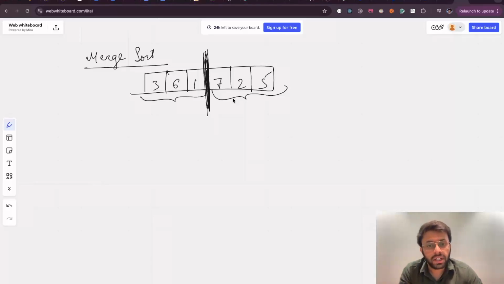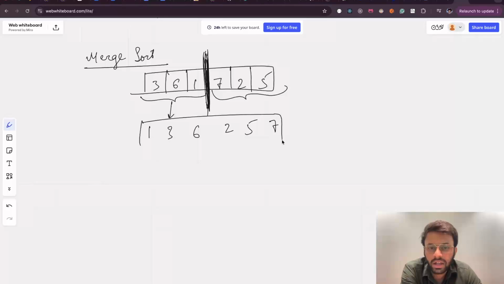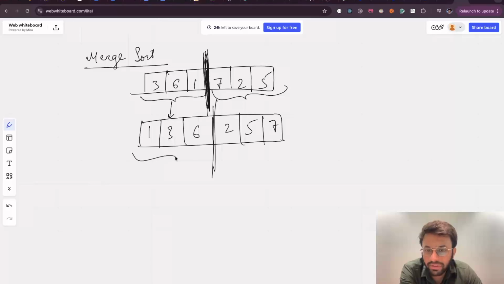And recursion being a good friend of mine, I have complete blind faith in recursion that if I just call recursion on the left half, it will sort it and give me 1 3 6. Similarly, if I call recursion on the right half, it will sort the right half and give me 2 5 7. So once I call recursion on both the halves, my left half gets sorted, right half gets sorted.